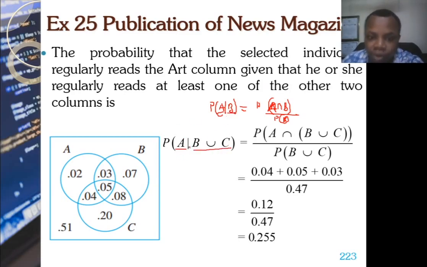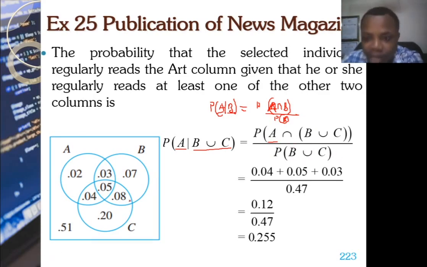So probability of A intersection, the second part, B union C. Also, the denominator is the probability of this second part, B union C. So probability of B union C, and that is what we have here.